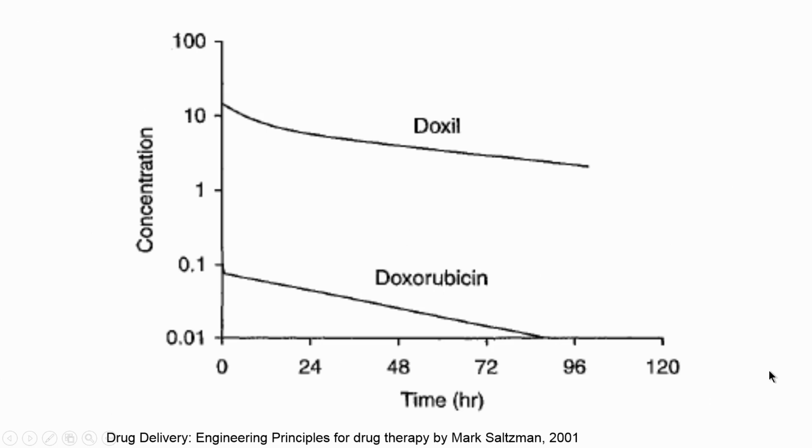Here it is also showing that not only that, you actually improve the pharmacokinetics also, because doxorubicin is a very small molecule, much less than 6 nanometer. So, doxorubicin gets cleared away from the system very quickly. So, you have to continuously infuse doxorubicin in the patient if you want any therapy, whereas Doxil, since it is now about 100 nanometer, its residence time is very high and it slowly releases the doxorubicin into the system.